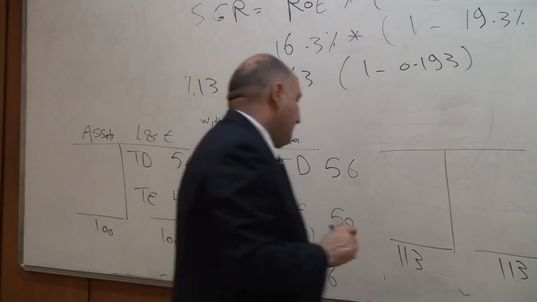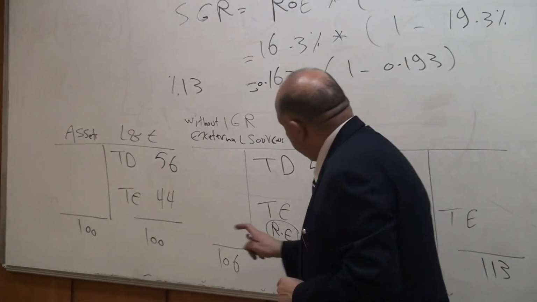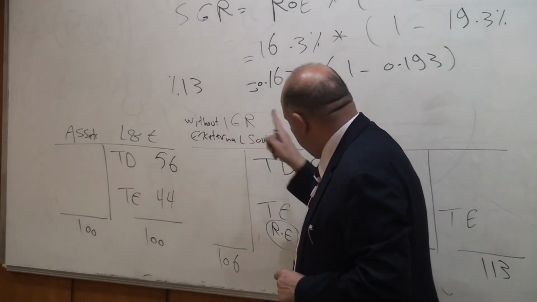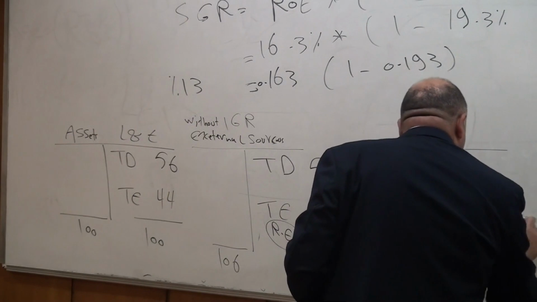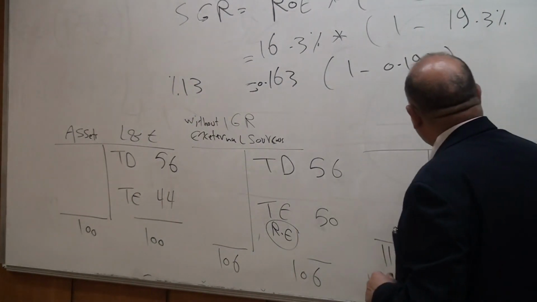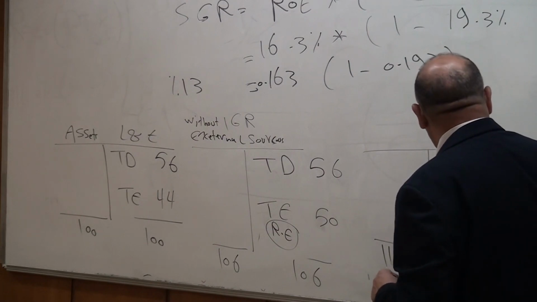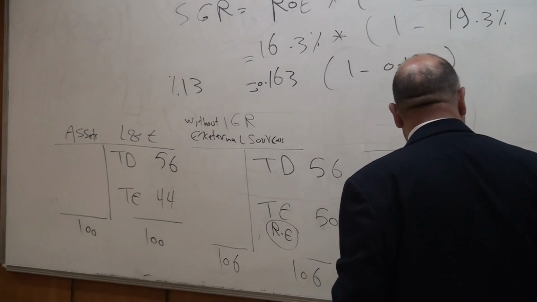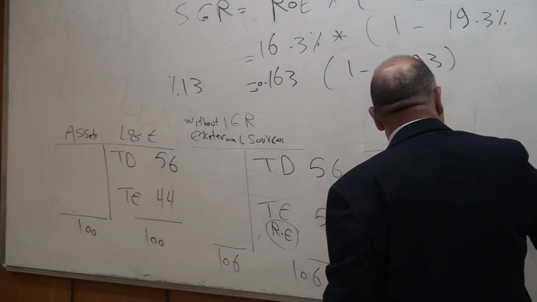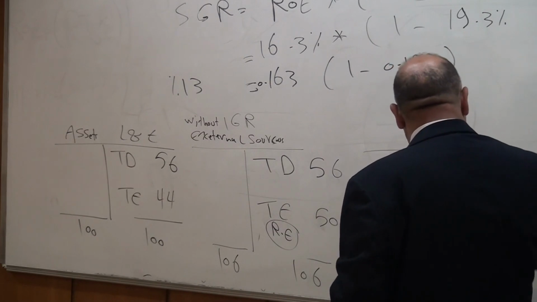Which means, don't forget, that from internal growth rate, our equity becomes 50. So this is 50. In this case, our total debt will be 63, which means the summation will be 113.